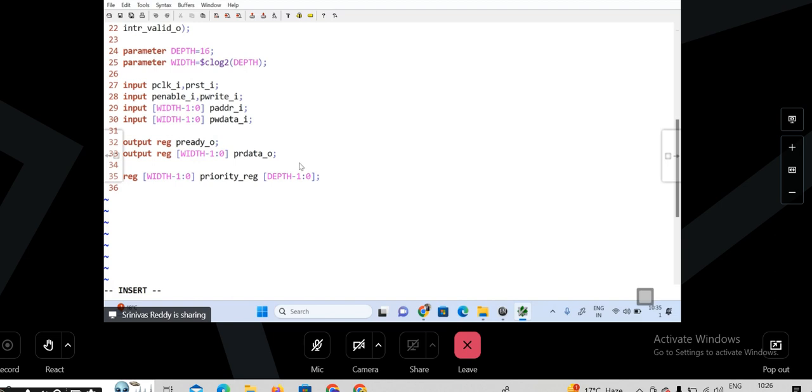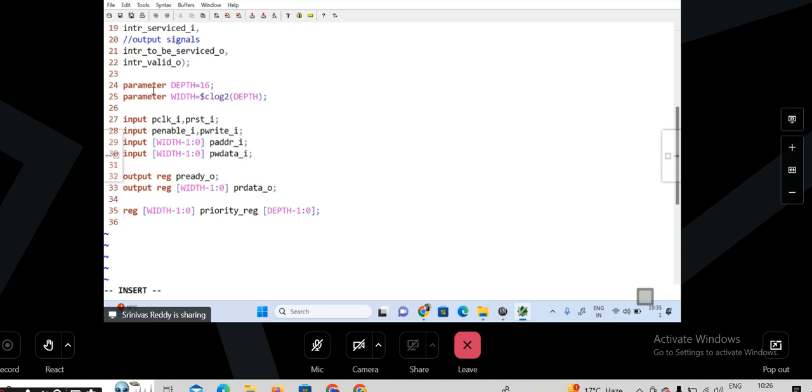Now else begin. What I need to write in the else begin? If P enable is equal to 1, correct? Or I can write like this: P enable is 1. Begin. What I need to do?